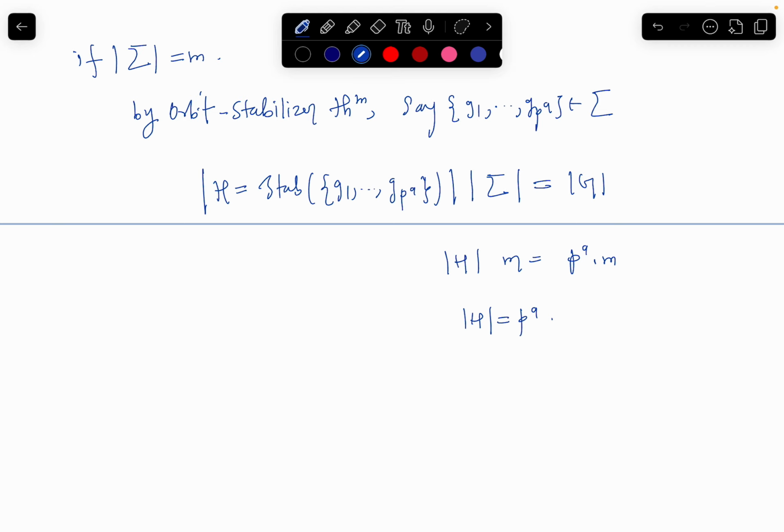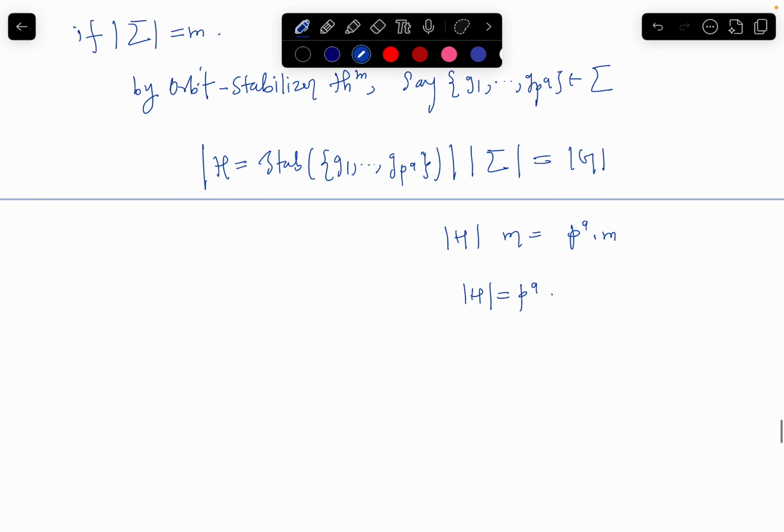So the question is, what if the size of sigma is greater than m? Now if the size of sigma is strictly greater than m, then one can show that the prime p divides the size of sigma. Again this is by the orbit stabilizer theorem, because the size of sigma times the size of the stabilizer is p power a m.